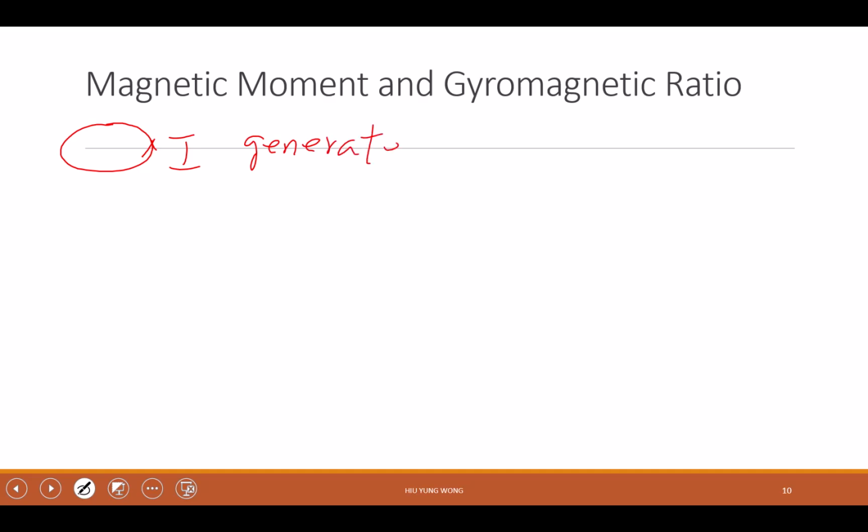Here, why it's so, maybe we can derive more fundamentally, but just assume for experimental purposes, you observe that a current going through a loop, using your right-hand rule, gives you something called a magnetic moment.